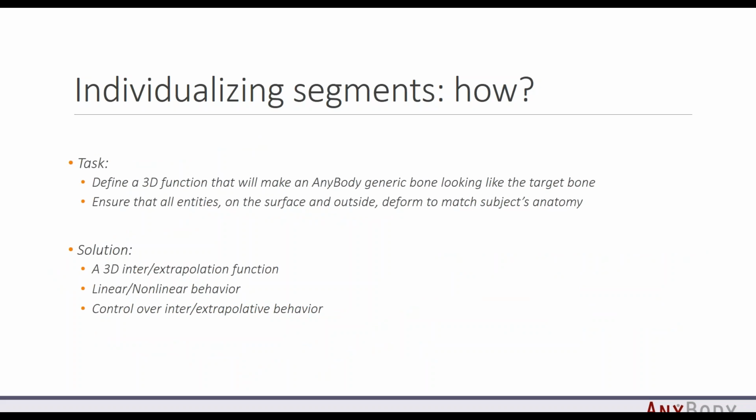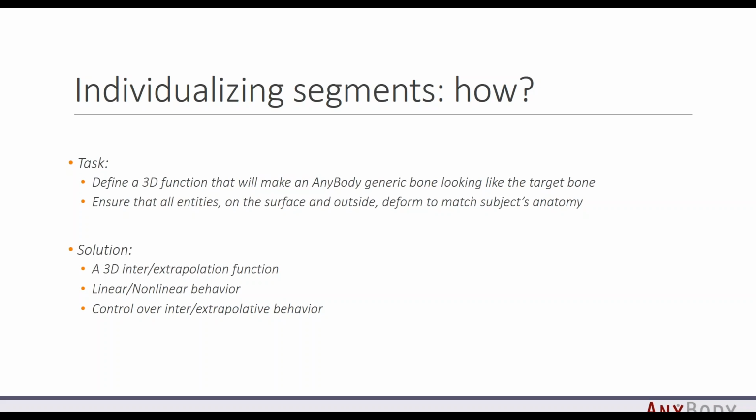So let's think about how we individualize something. We define a function that will make an AnyBody generic bone look like the target bone that we have in mind. It also should ensure that all entities on the surface and outside deform in such a way that they match the subject's anatomy, that all the muscle attachments are in the right place, that bones look the same, that overall muscle volume is the same, and so on.